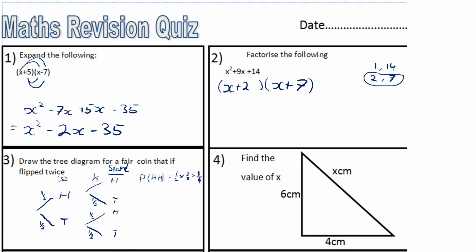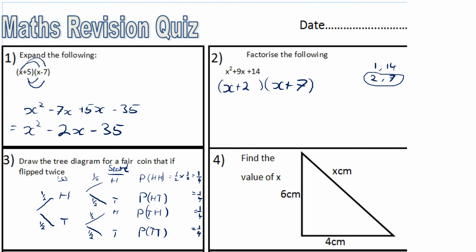Probability of head tail, it's going to be the exact same. 1/2 times 1/2, quarter. Probability of a tail followed by a head, 1/4 again. And probability of two tails is 1/4.